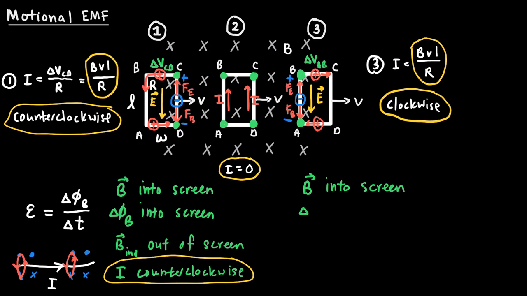And if it's decreasing, that means that delta phi B needs to point in the direction opposite of B. And so delta phi B is pointed out of the screen. And if delta phi B points out of the screen, and the induced magnetic field needs to point in a direction that opposes the change in the magnetic flux, then that means B induced needs to point into the screen.